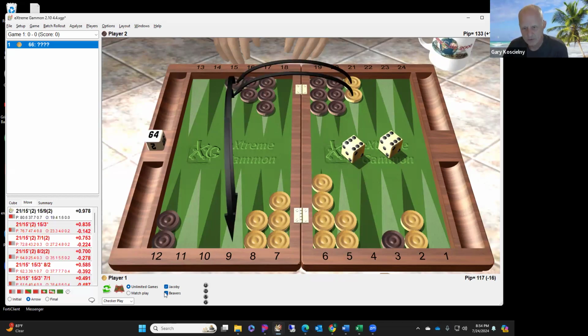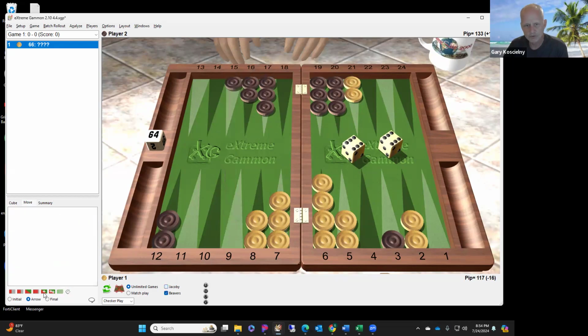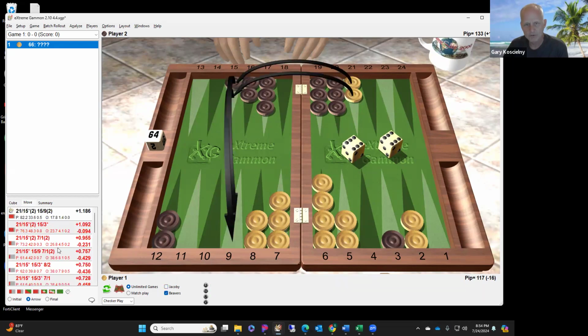Part of this is the Jacoby rule. My guess is if you took off the Jacoby rule we'd be back to this, but even with that, it's just coming around and playing safely.